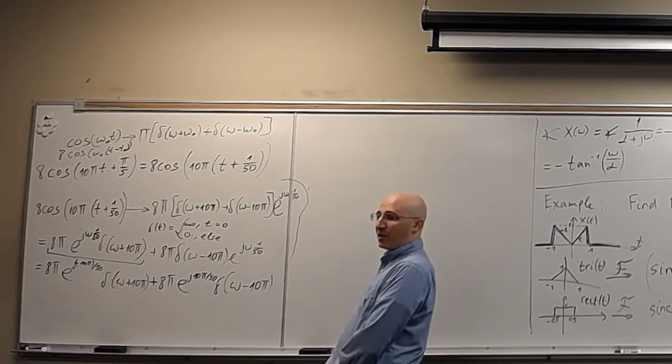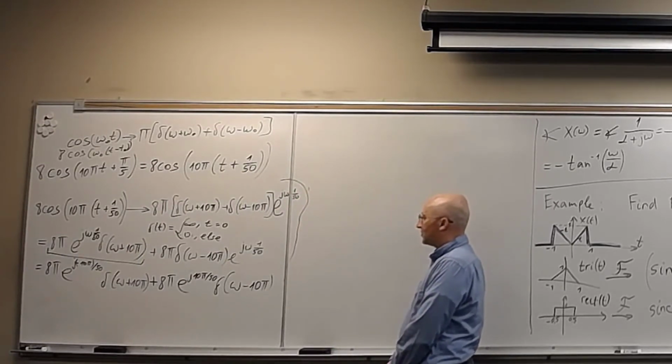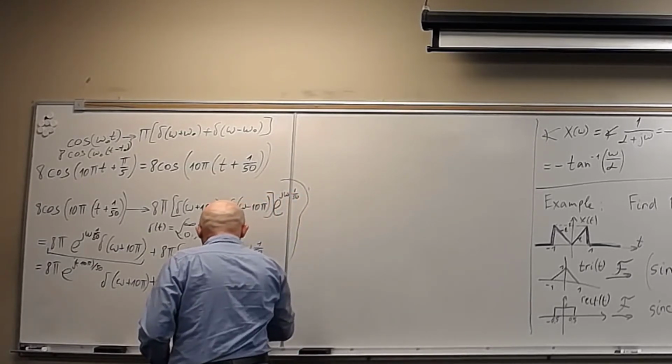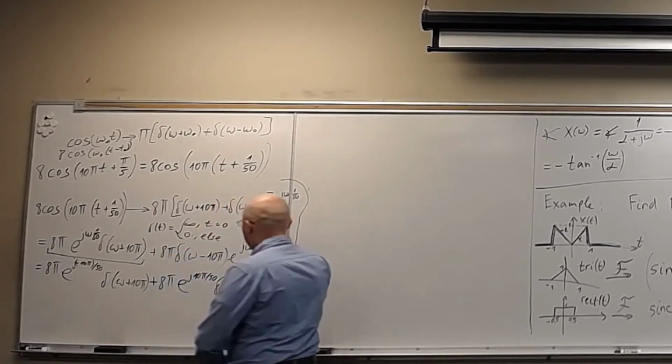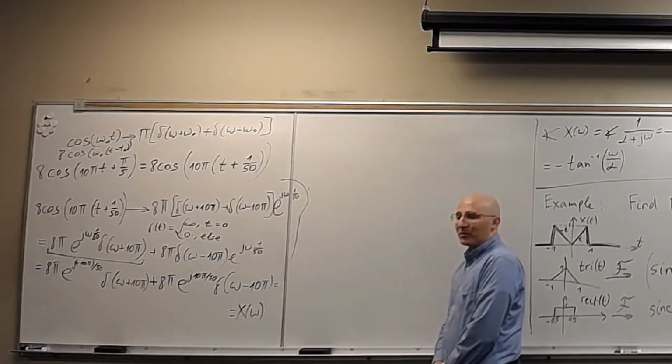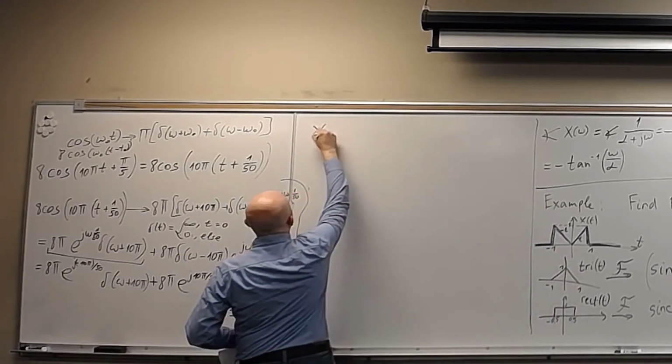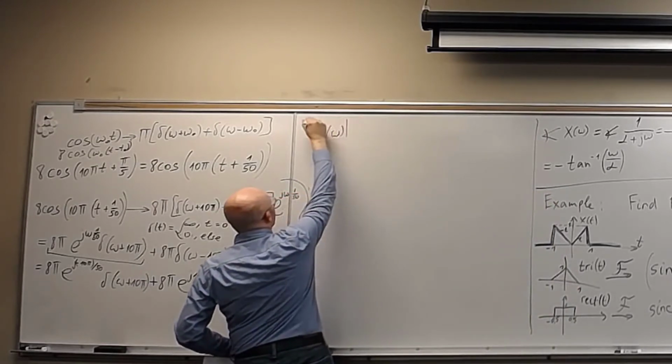So this is a little bit tricky question, actually. So this is your complex spectrum. Now you want the amplitude spectrum, which is the absolute value of that sum.